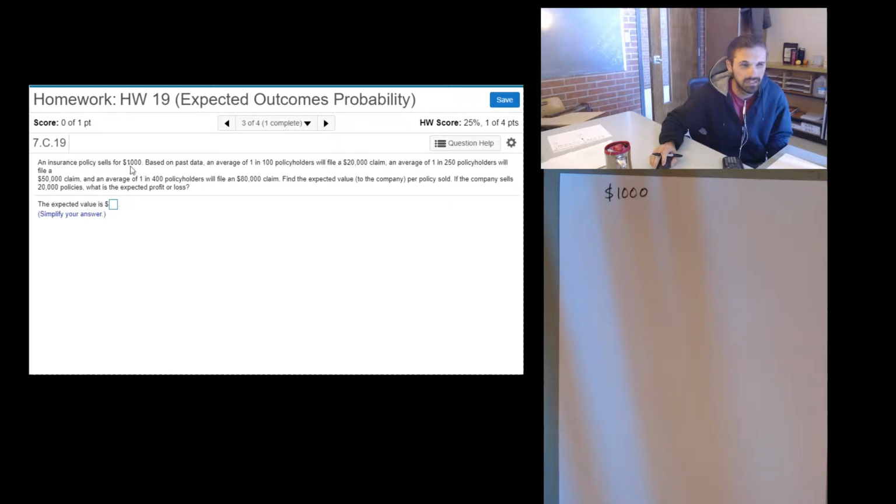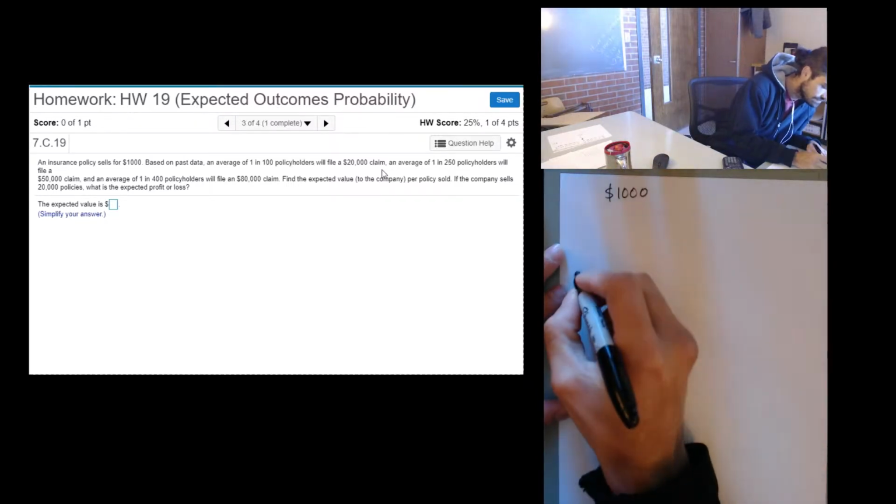And by coverage, I mean, is this $1,000 enough to cover the expected payout if 1 in 100 policyholders will file a claim for $20,000, 1 in 250 for $50,000, 1 in 400 for $80,000.